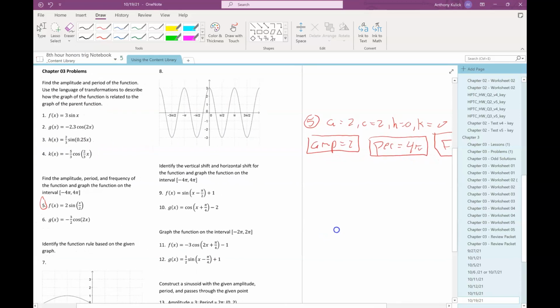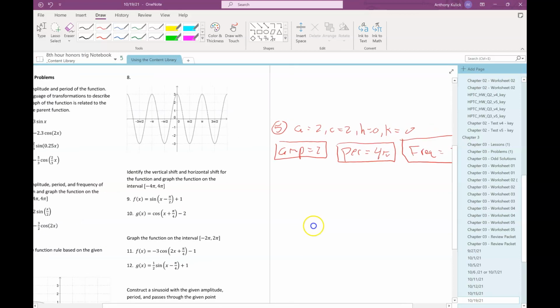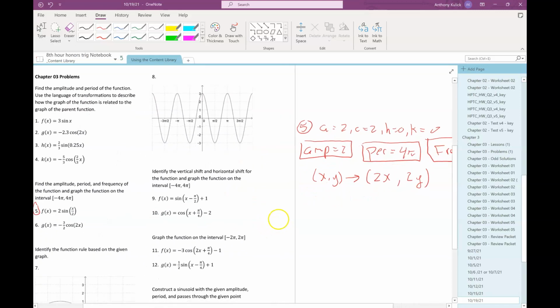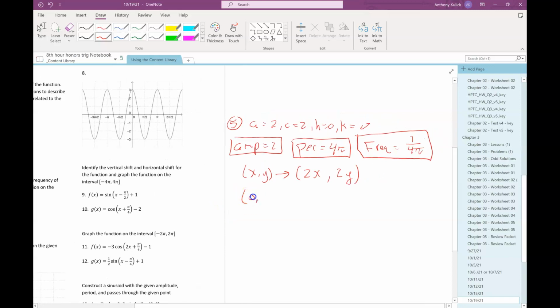And then it says to graph the function on the interval from negative 4 pi to positive 4 pi. So the first thing we'll do is write our transformation map. So Cx plus H, Ay plus K. Again, I'm not going to write the plus zeros because they don't really need to be there. Since this is a sine function, the key points I'll use are (0, 0), (pi over 2, 1), (pi, 0), (3 pi over 2, negative 1), (2 pi, 0).